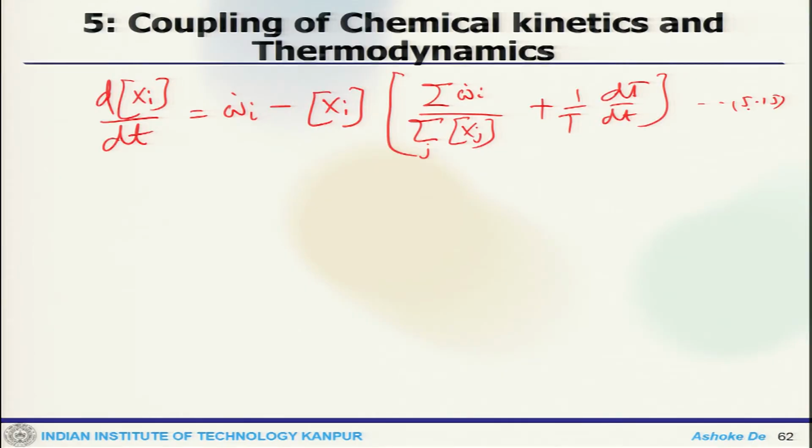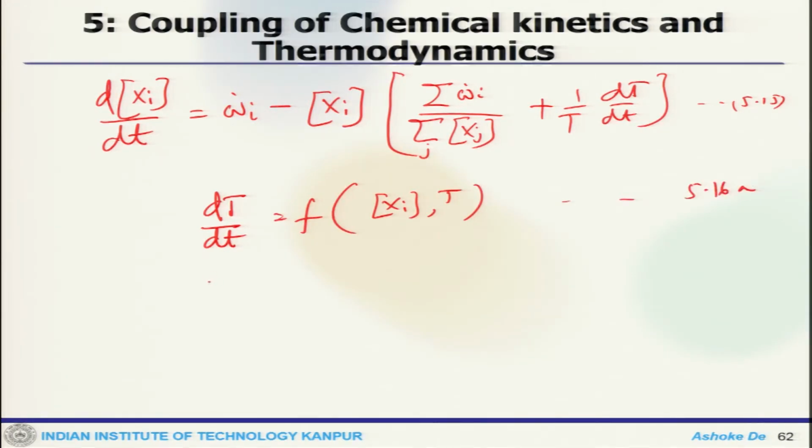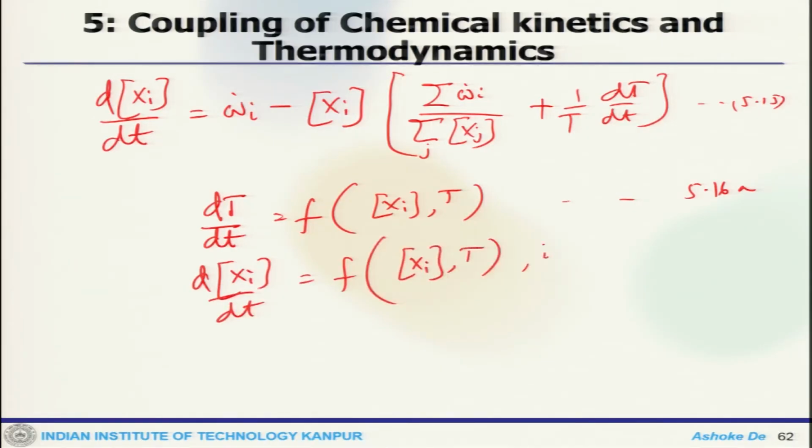So, in summary, the problem is to find the solution of the following two sets of differential equations. One is that dT/dt equals a function of Xi and T, that is number 1, and the second one is dXi/dt, which is a function of Xi and T, for i equals 1 to n. So, this is the bottom line, two sets of equations, and the whole idea is to find the solution of these two.